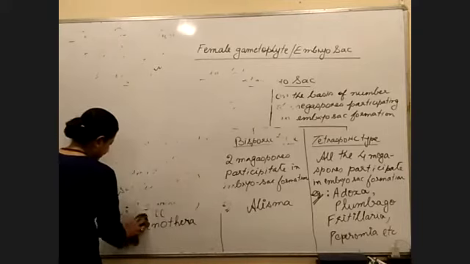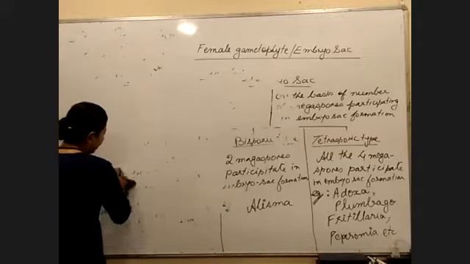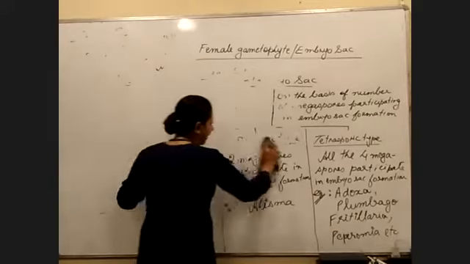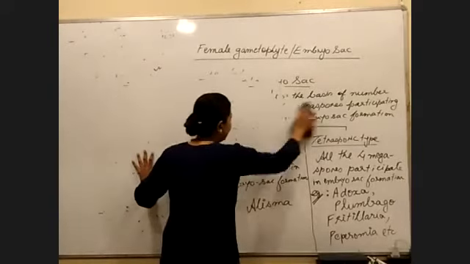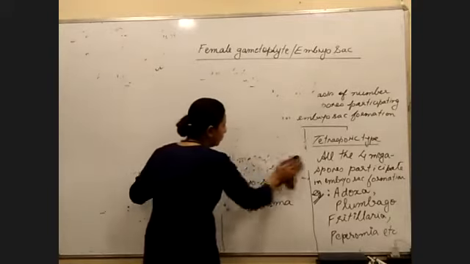For tetrasporic, the first example is Adoxa. Second example, Plumbago.